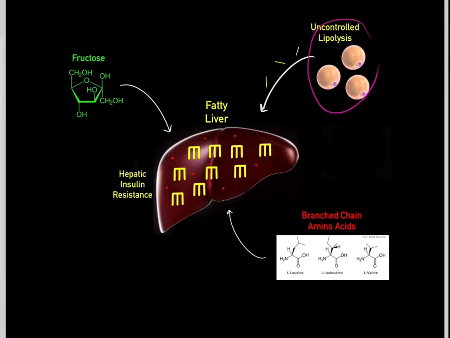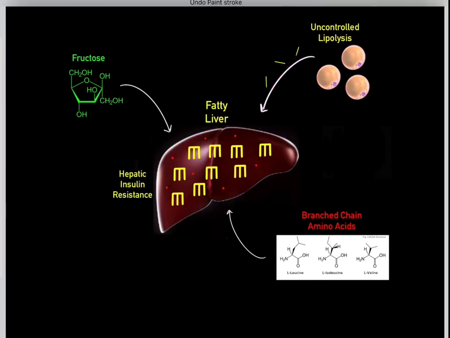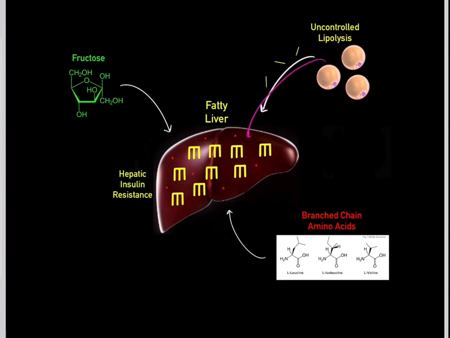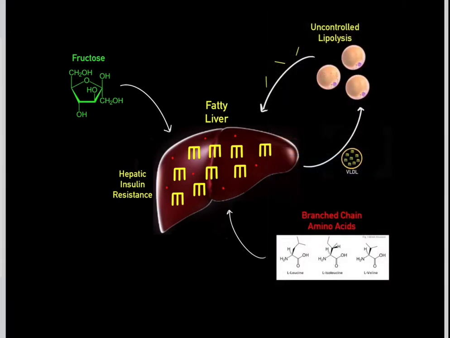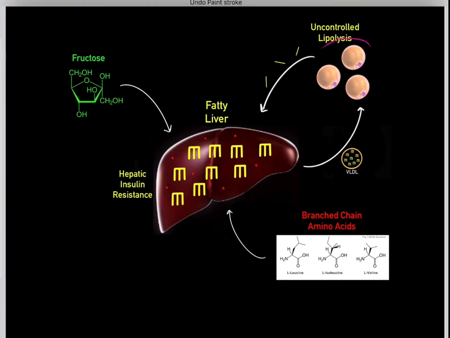Well, remember, these adipocytes are going through uncontrolled lipolysis, releasing these free fatty acids that are taken up by the liver. So the liver is going to take these free fatty acids to form these triacylglycerides. But this process is also going to induce the liver to secrete these VLDL particles. Then these VLDL particles are going to drop off free fatty acids to tissues like the adipocytes.